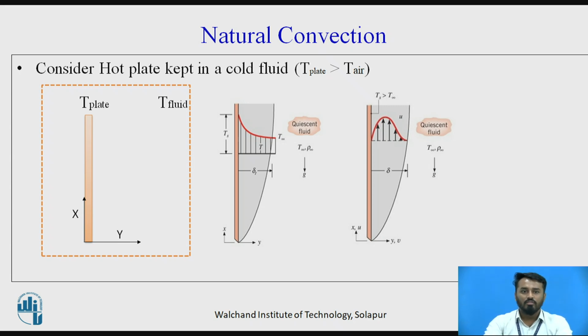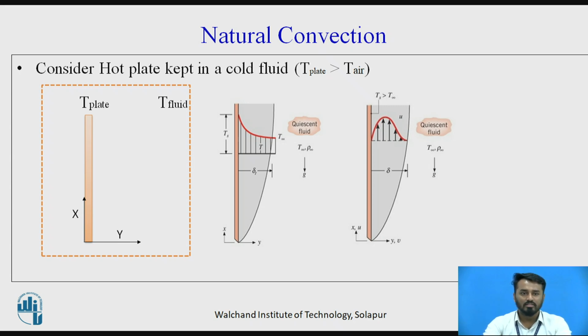Now we are going to talk about the mechanism of natural convection. Consider a hot plate kept in a cold medium, assuming that the temperature of the hot plate is greater than the temperature of air as a working fluid. Let's say the dotted line represents my thermodynamic system.